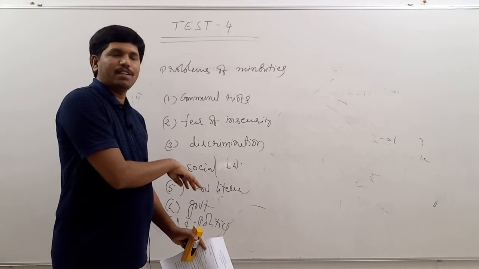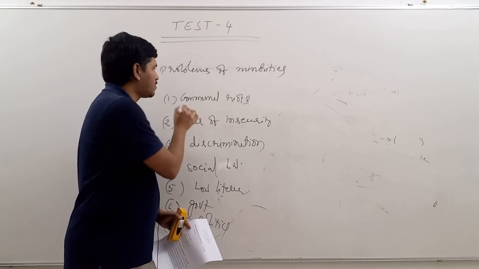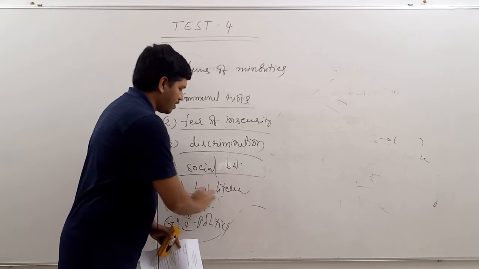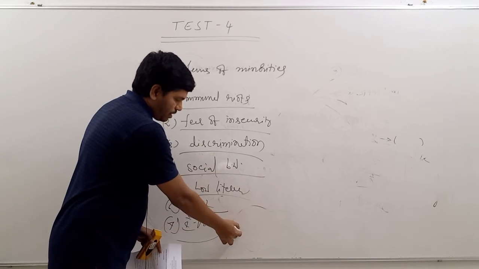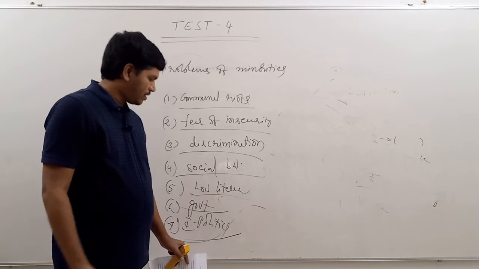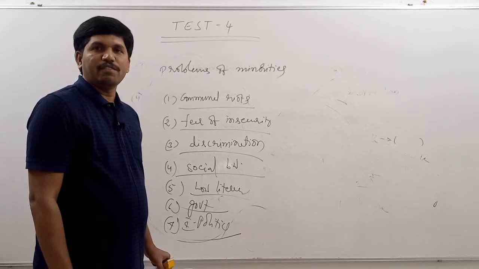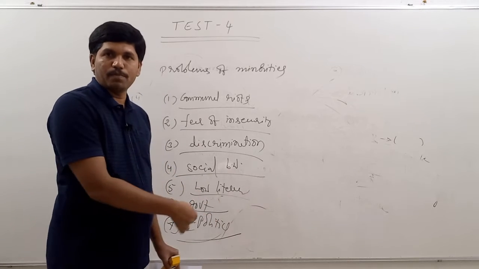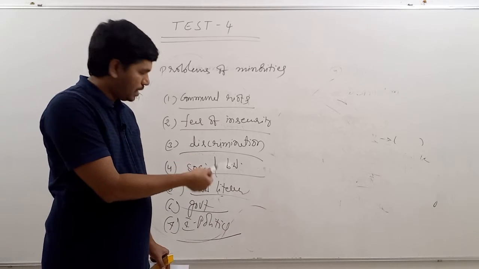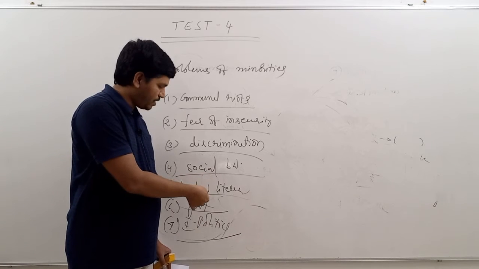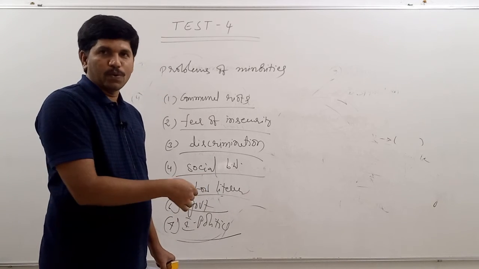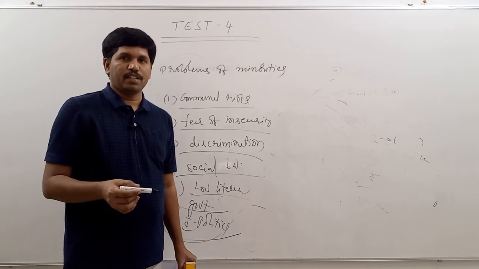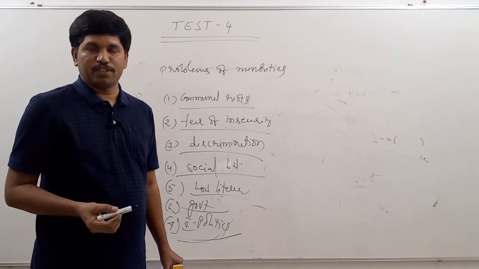These points must be there, or it's better to write in the form of subheadings. First subheading: communal rights, fear of insecurity, discrimination, social backwardness, low literacy, inadequate representation in government services, and inadequate representation in politics. If we explain inadequate representation in government services, in politics, and low literacy with recent figures, that will fetch you a very good advantage in the exam.